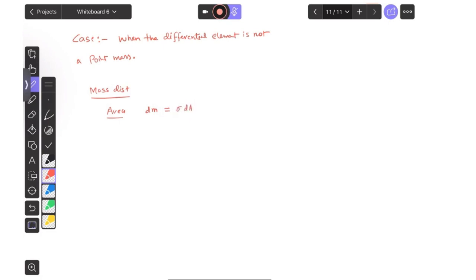Just like earlier, when the differential element was a tiny mass over a length, we found the mass to be lambda times dl, where lambda was the linear mass density. Same way here, sigma is the surface mass density and dA is the area of the differential element.